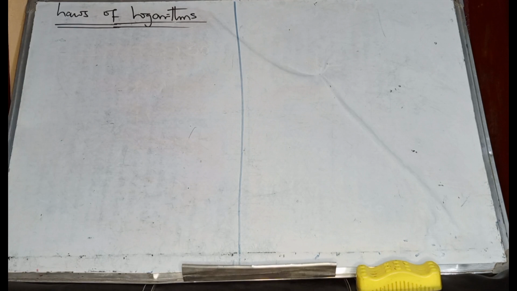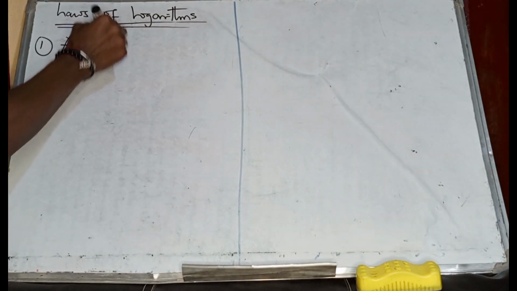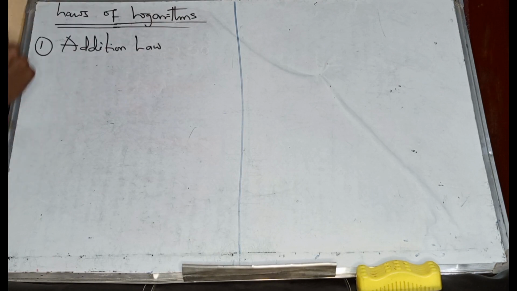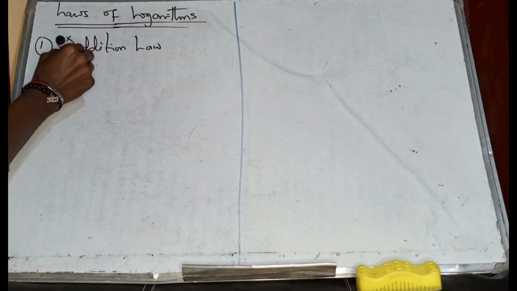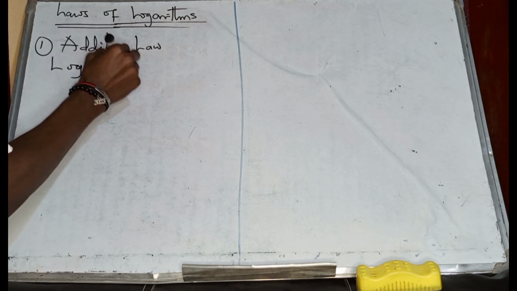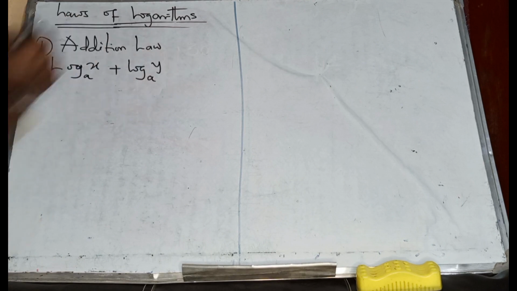So the first law of logarithm we'll be discussing today is what we call the addition law. For instance, if we have log x to base a plus log y to the base of a.